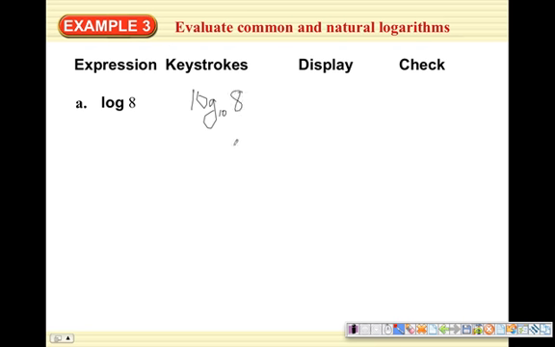That means 10 to some power equals 8. What do you think that number is going to be close to being? What would be nice here? 10 to some power equals 10, right? That would be 1. So the number has to be less than 1. 10 to something less than 1 is equal to 8.